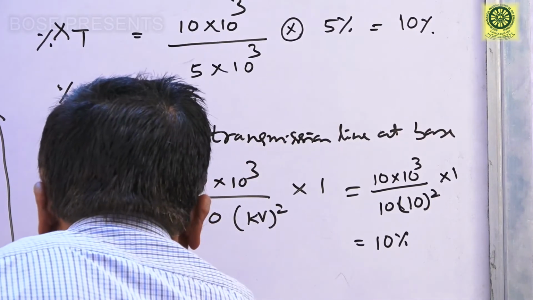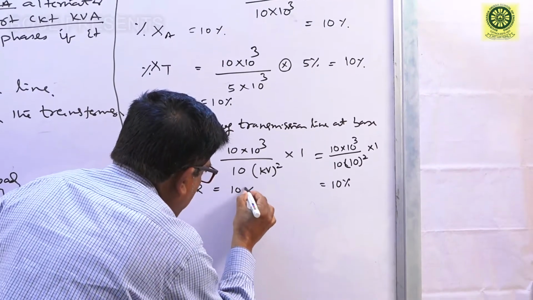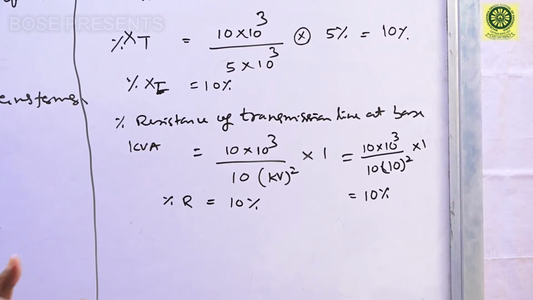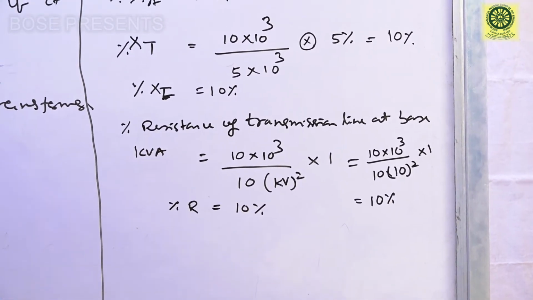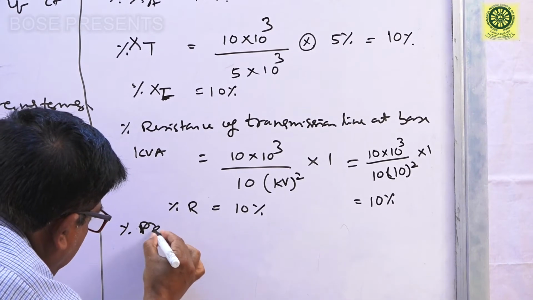So percentage of resistance R is equal to 10%. Then you have to convert the reactance of the transmission line.